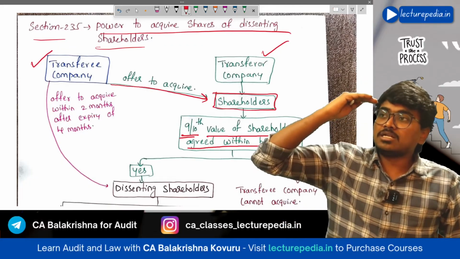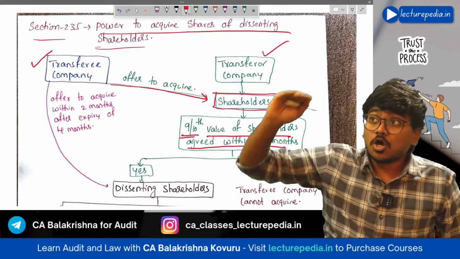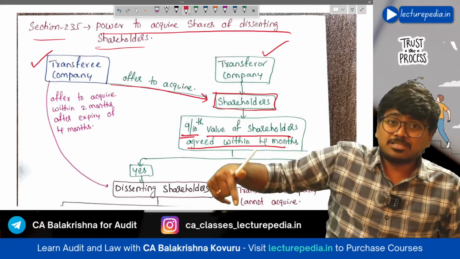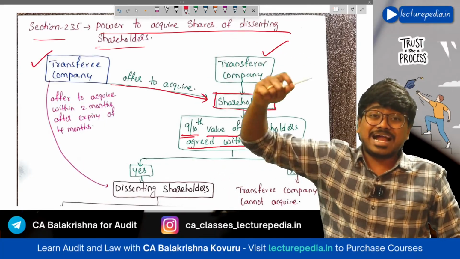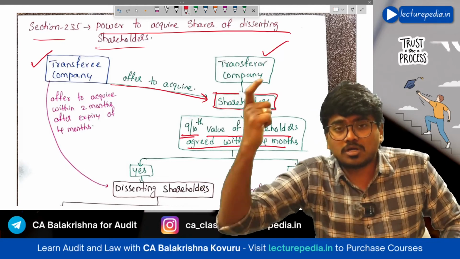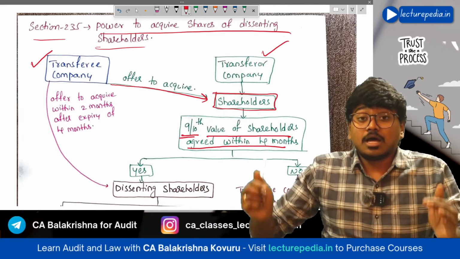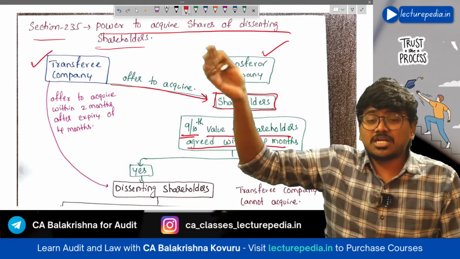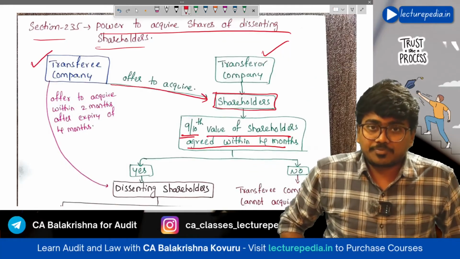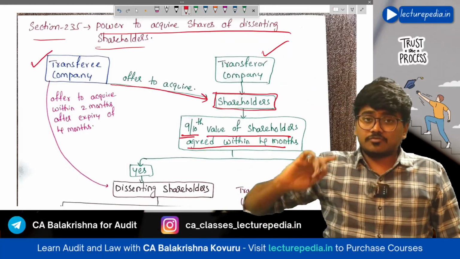Let's say total share capital is some 1000 crores. Of that 1000 crores, 9/10 means shareholders holding at least 900 crore worth of shares are ready to sell their shares to the transferee company within 4 months of giving the offer.